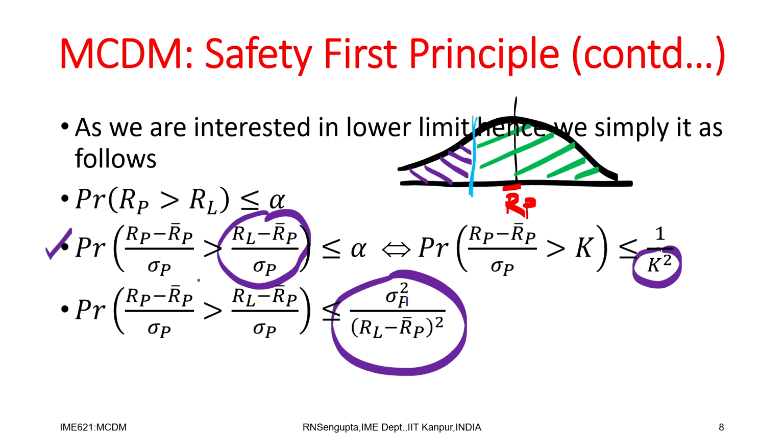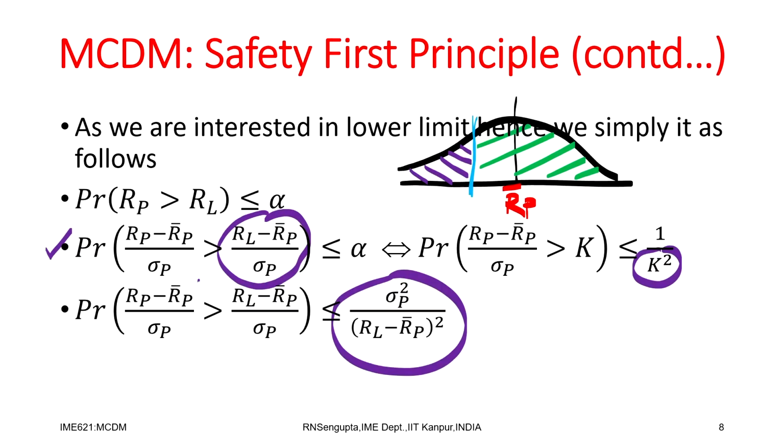So, given standard deviation known, given R L known, given R p bar known, I can find out the bound, or the maximum value or the minimum value in whichever way you are looking, because the overall sum is 1 for the probability. So, less than or equal to this bound means that it cannot cross the probability.